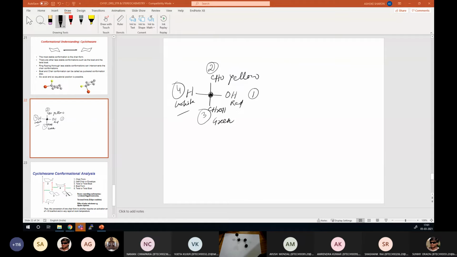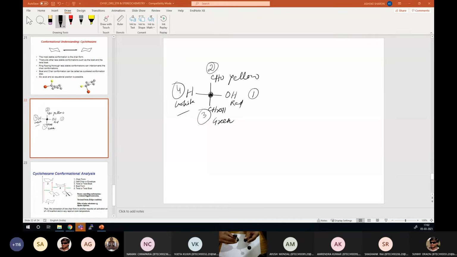Okay, so now my next question is whether molecule A and molecule B are interconvertible or not? So it's interconvertible. Why? Because there is a possibility of single bond rotation.